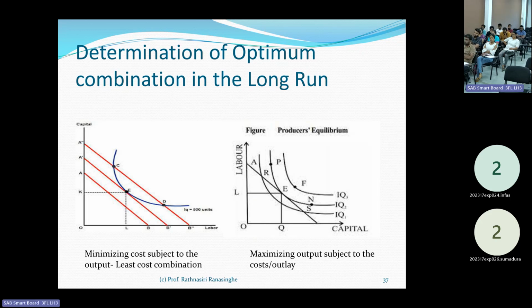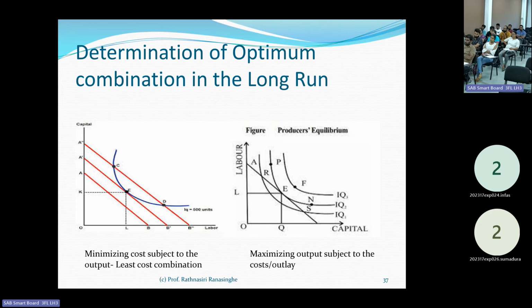There are choices that we can pick, but we must try to produce the output subject to the given cost. The cost line is fixed, constant. There can be different isoquants, but at a particular point the producer maximizes output.